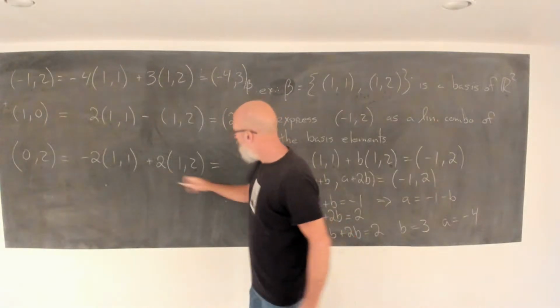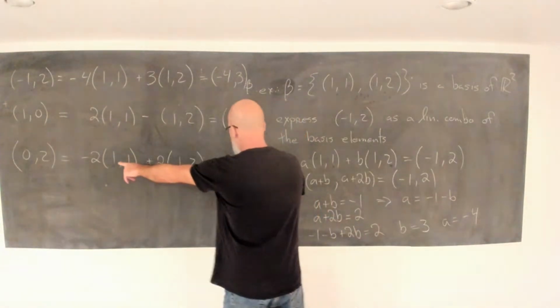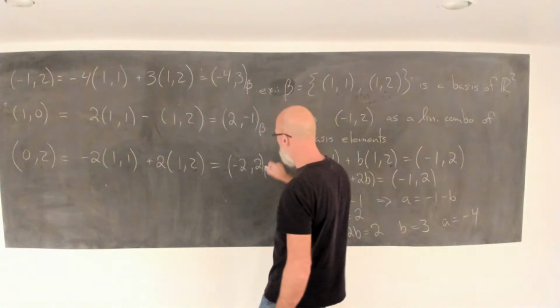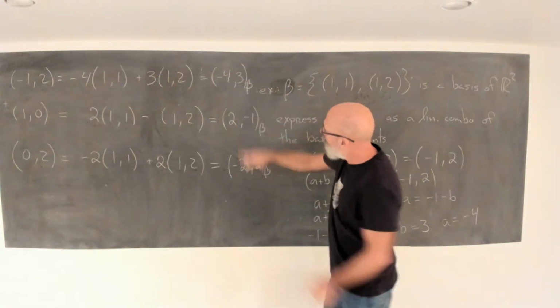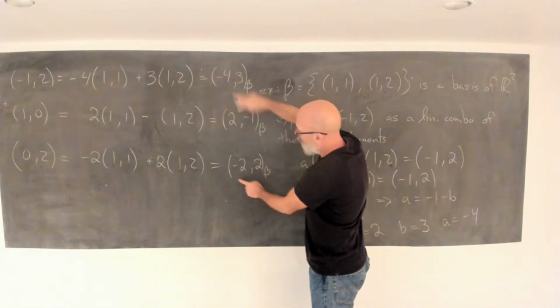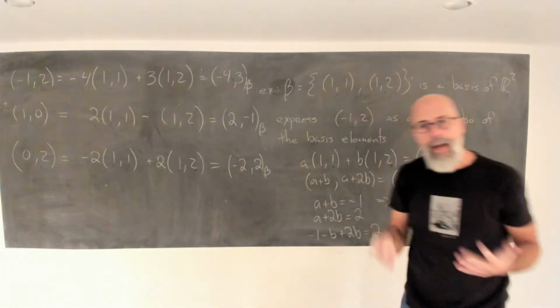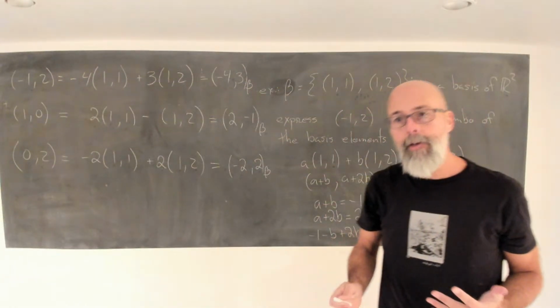You got a vector which was minus 2 times the first basis element plus 2 times the second. Exactly. Minus 4 plus 2 is minus 2. 3 minus 1 is 2. Exactly as it should be.